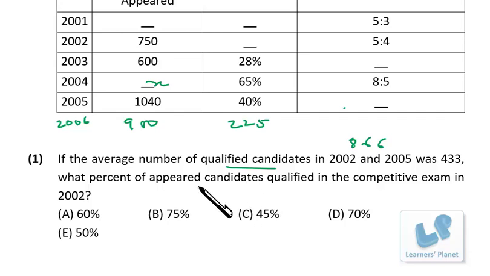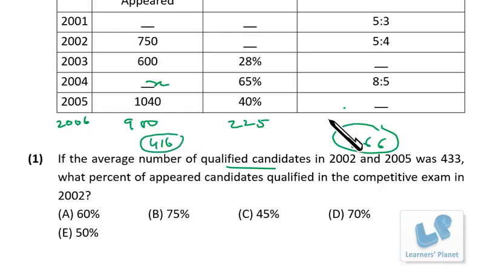What percentage of appeared candidates qualified in the competitive exam in 2002? Now, question is really simple. Here we have been given the total number of qualified candidates for 2002 and 2005, that is 866. And in 2005, we know the number of qualified candidates will be 416, right? That is 40% of 1040.